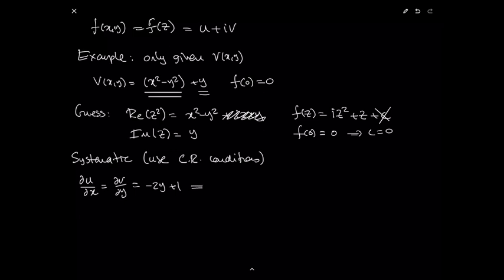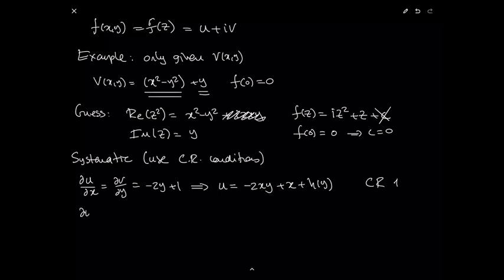So if we integrate, we get that u is equal to minus 2xy plus x plus h of y. Okay? And now let's apply Cauchy-Riemann again. So this was Cauchy-Riemann 1. Let's apply Cauchy-Riemann again.